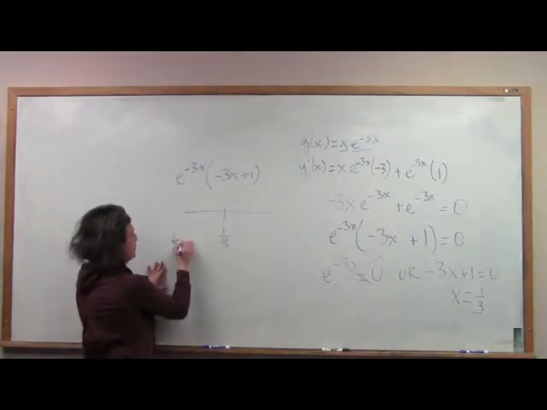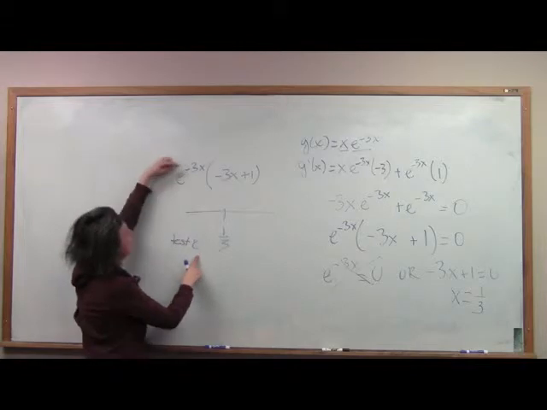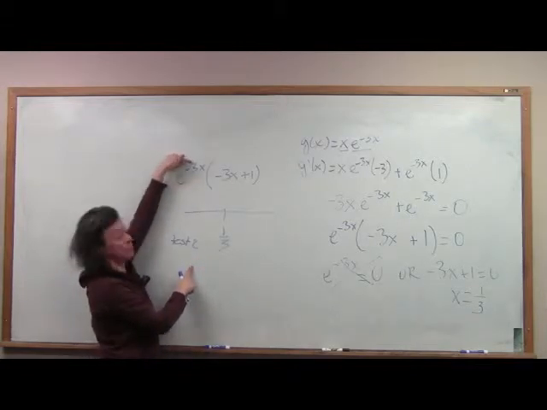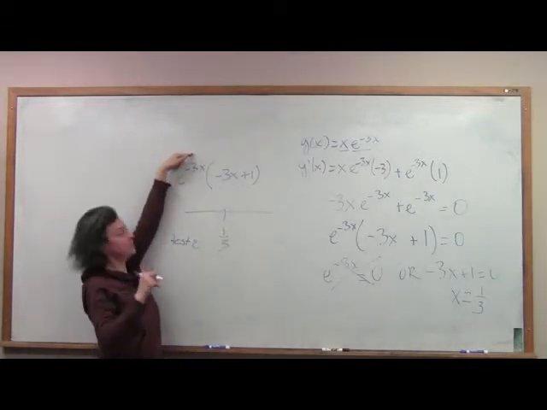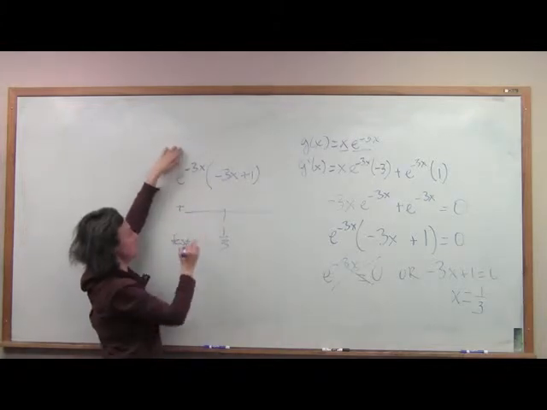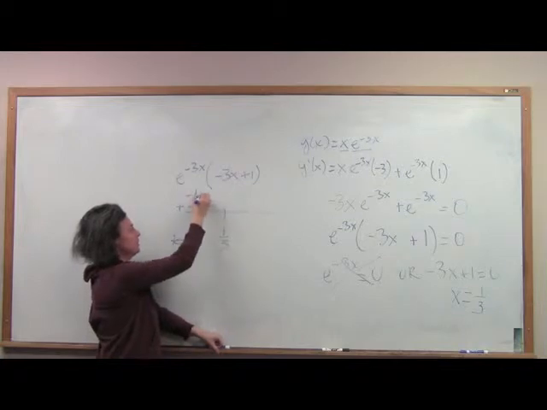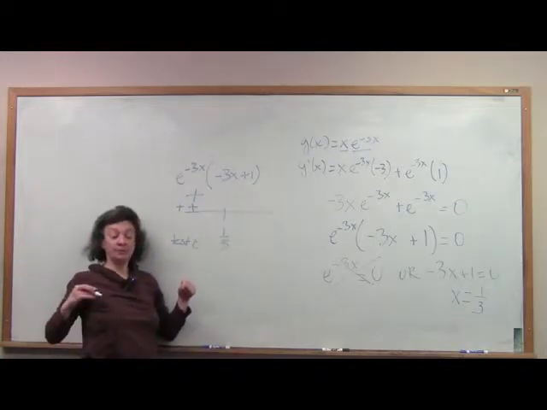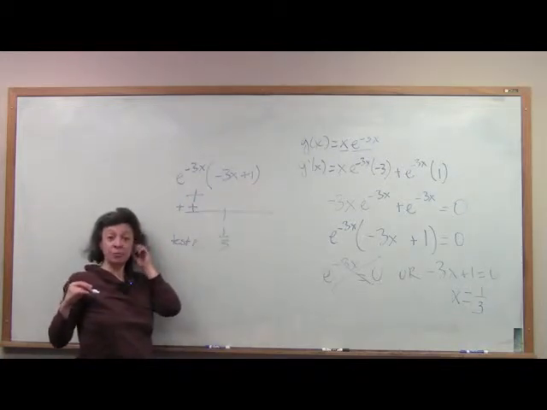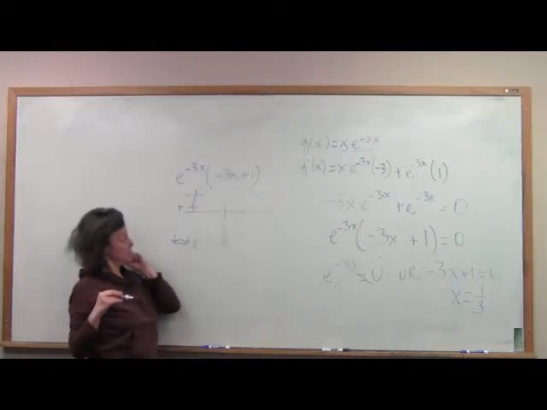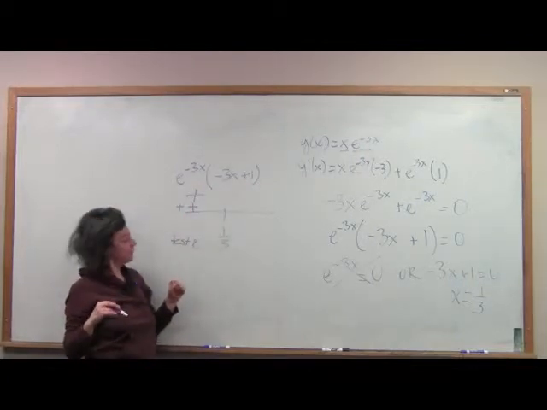I'm going to test 0 over here. Well, if I plug in 0 here, anything raised to the 0 power is 1, so that's positive. If I plug 0 in here, I get a positive. So, I know that when x is less than 1/3, my function is increasing.